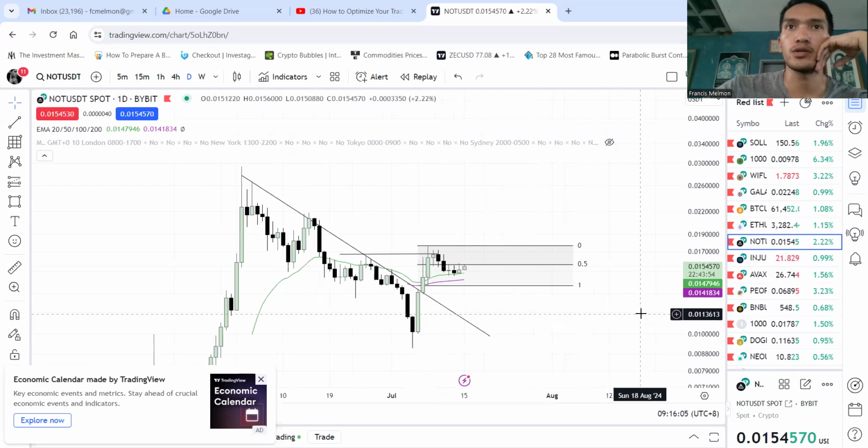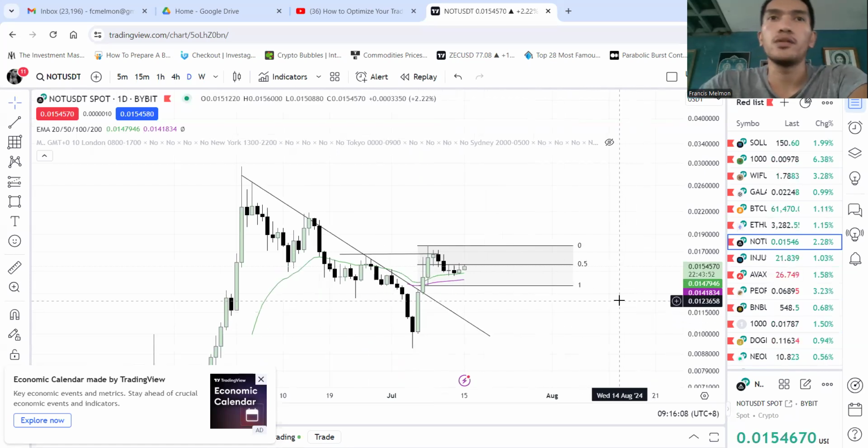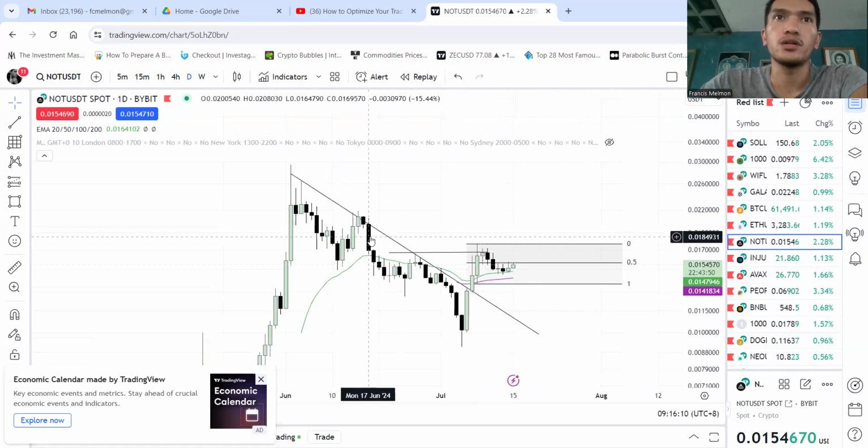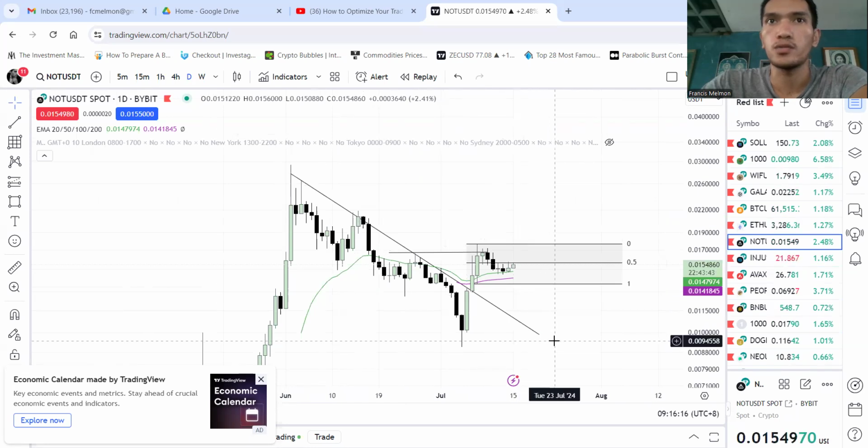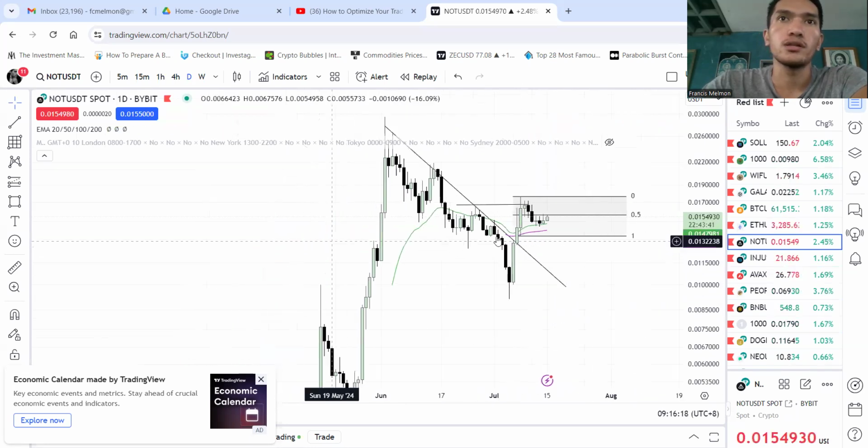That will be the bearish scenario for this. Or it might test this resistance. It may go up, test that resistance and go down further.